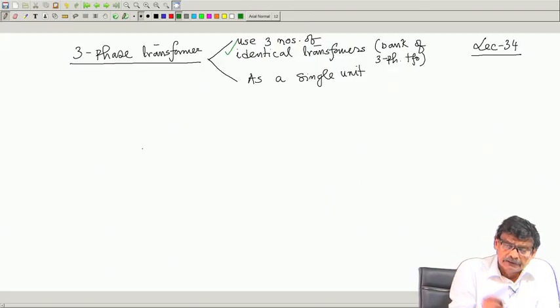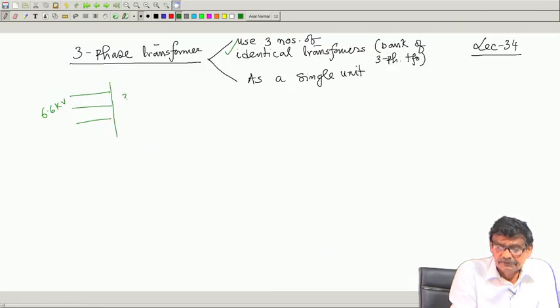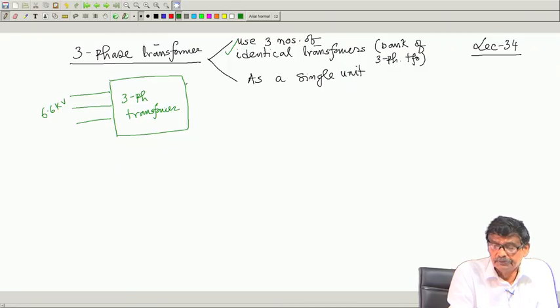Suppose you have a three phase system like this, which is suppose 6.6 kV on one side, then connect a three phase transformer and at the output you will get suppose 440 volt 3 phase.